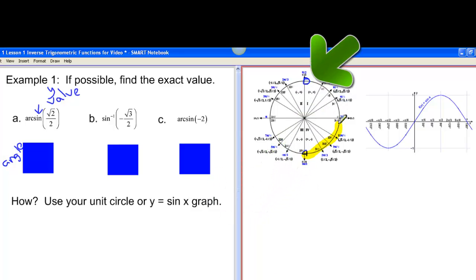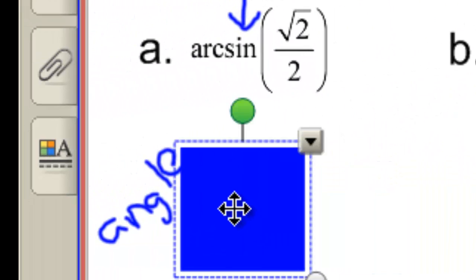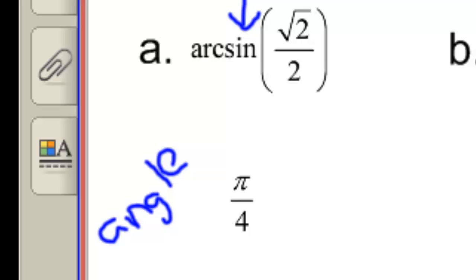So I am only looking on this piece of the unit circle or only on this piece of the graph. I found a y coordinate that is root 2 over 2 right here at the 45-degree angle location. In radians, it's at pi over 4.